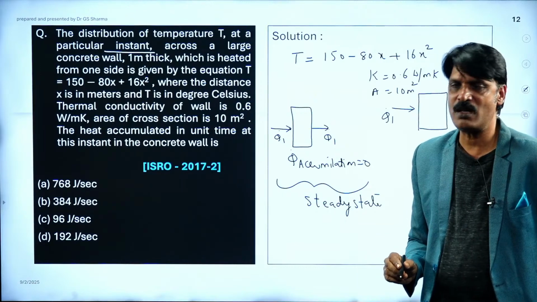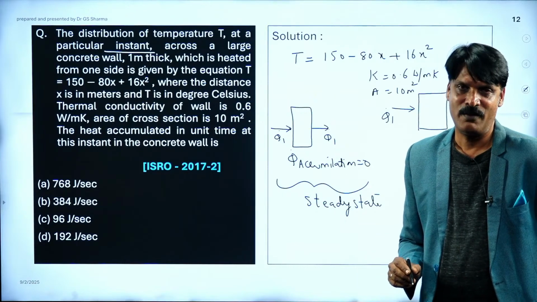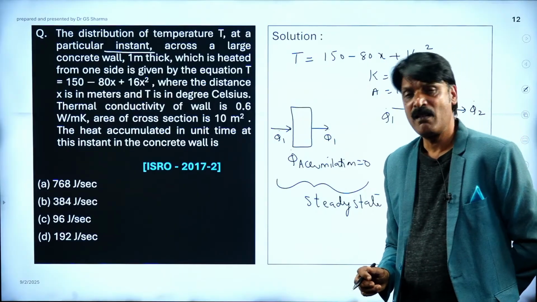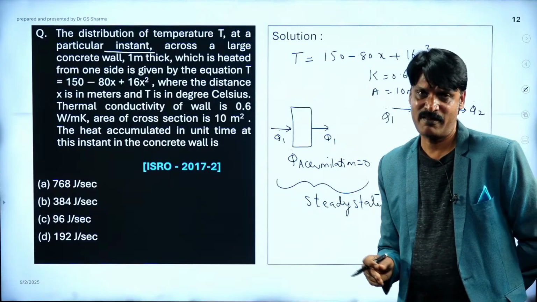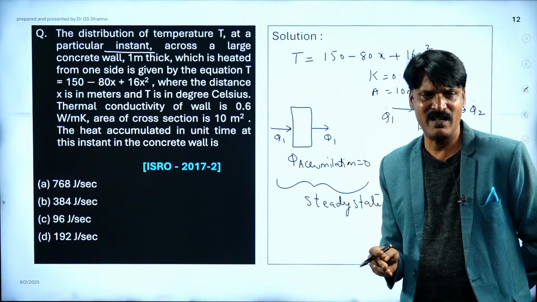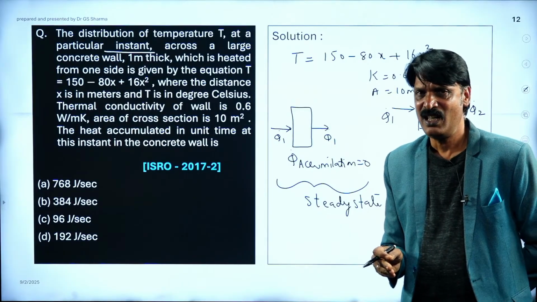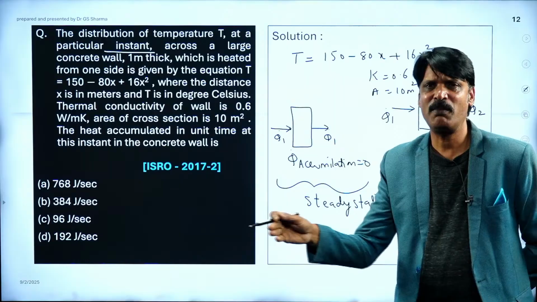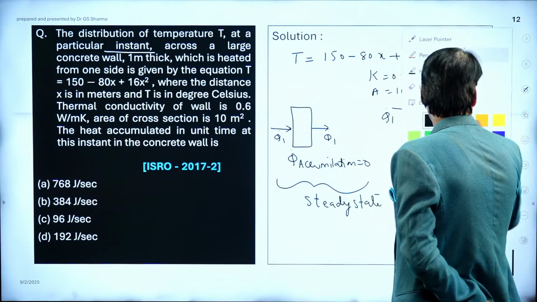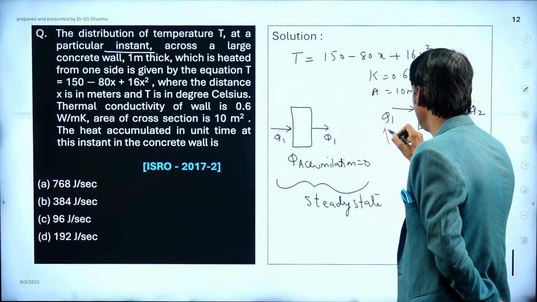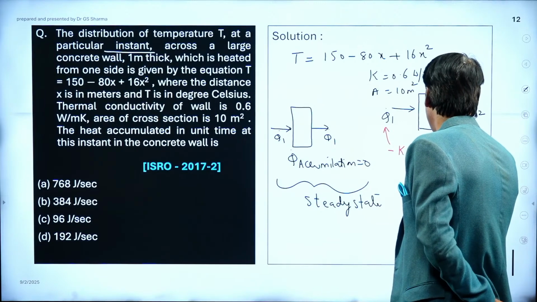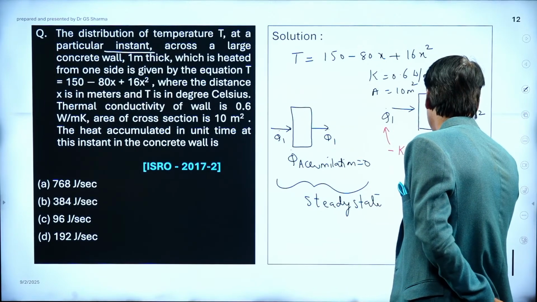Fourier law is not applicable only for steady state. Fourier law is an empirical law defined for one-dimensional heat flow, basically for isothermal surfaces, and it is applicable for homogeneous and isotropic materials. Wherever there is a gradient, I can apply Fourier law, and hence I will write this value of Q dot 1 as minus Ka dou T by dou X at X equal to 0.